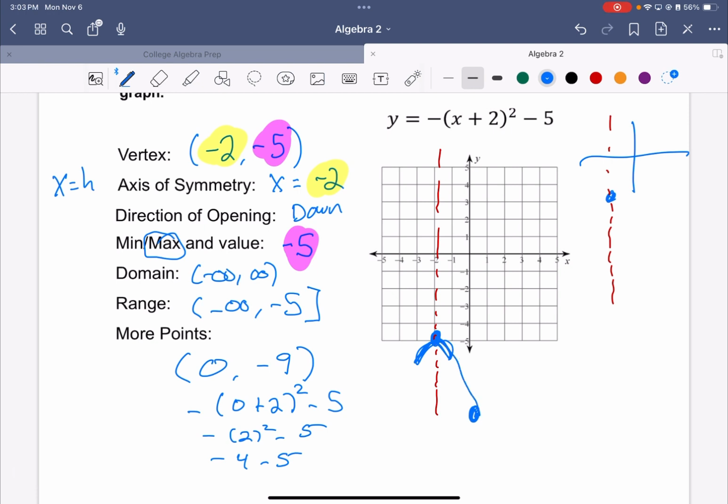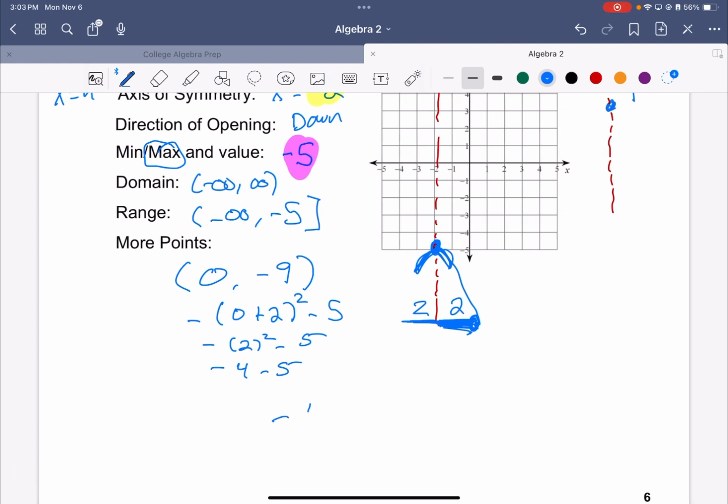So it's down here. So now, this distance right here, you're essentially looking from the distance from 0 to -2. So that distance is 2. What's this distance going to be? 2. So my other point, my y value is going to be the same. It's going to be -9. What's my new x value? -4.